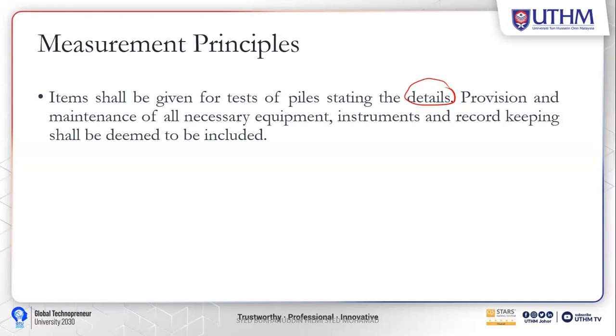You can get these details from the specification of material or work. Everything has its own specification, so you can look into the specification document. Provision and maintenance of all necessary equipment, instruments, and record keeping shall be deemed to be included.